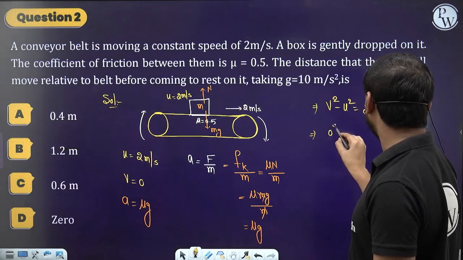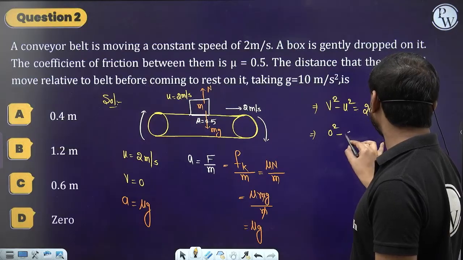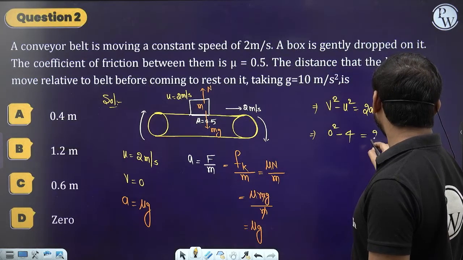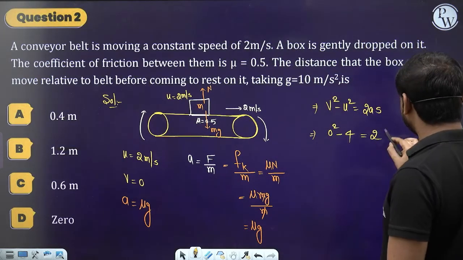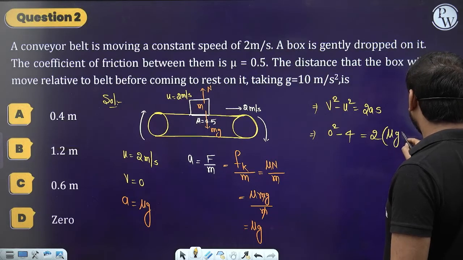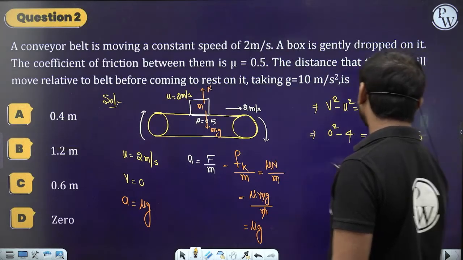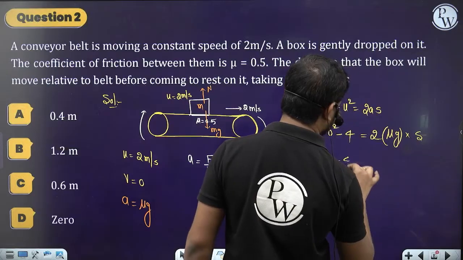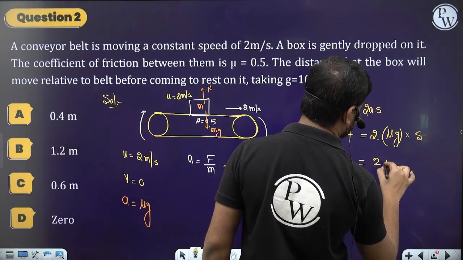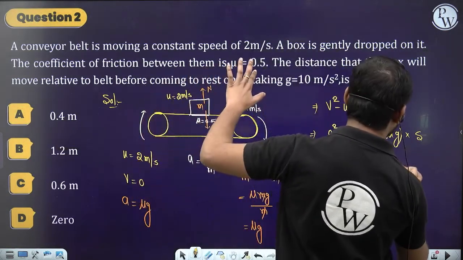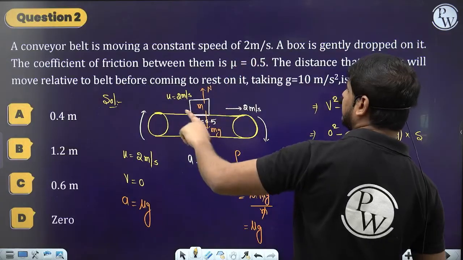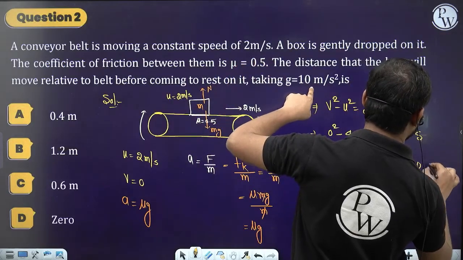0 square minus u square, so which is 2 square 4, which is equals to 2 into the acceleration, which is mu into g into the s, right? So from here this is going to be minus 4, so 2 into, so mu value, what is mu value? 0.5. So g value they said let's take it as 10, so into s.